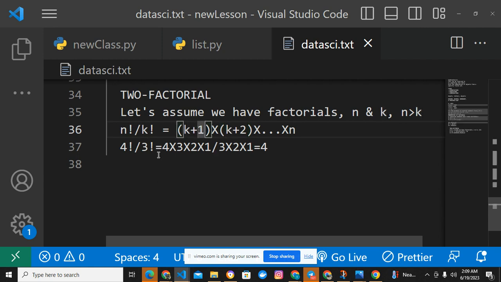Let me see. 4 times 3 times 2 times 1, yes. So 3 times 2 times 1, yes. Which is 4. Let me see. 3 minus 1, 2, plus 2, 1.